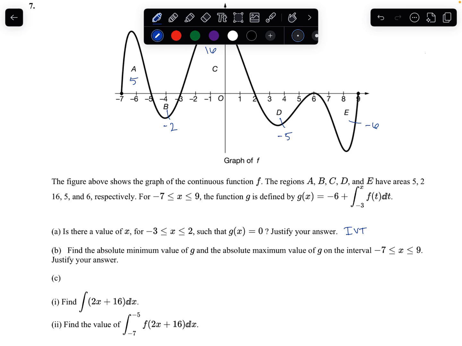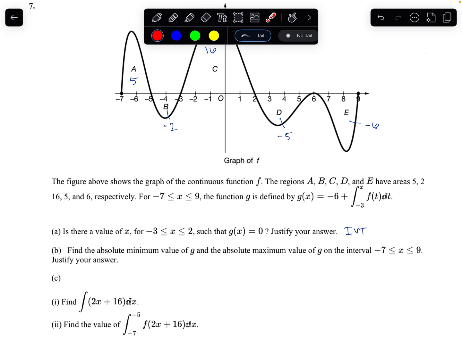And so what I want to see is if it's possible to prove that g of -3 is either less than or greater than 0. So let's say that g of -3 is greater than 0, but g of 2 is less than 0. Because f is continuous, does that mean that g is also continuous?